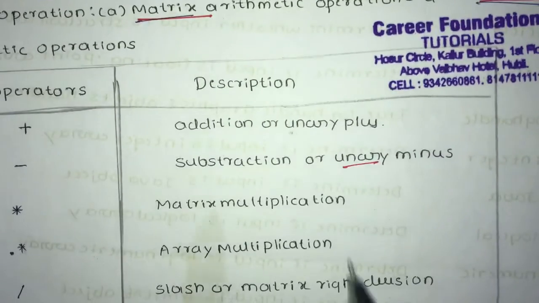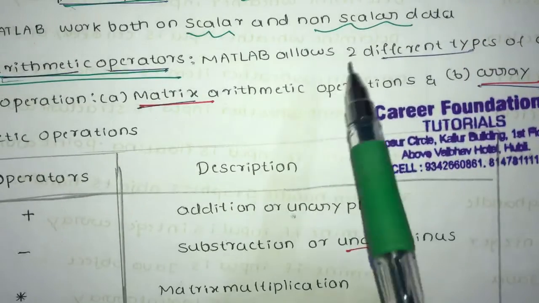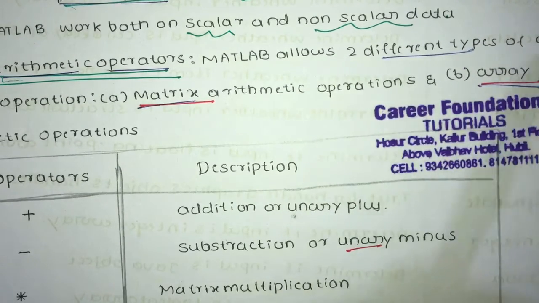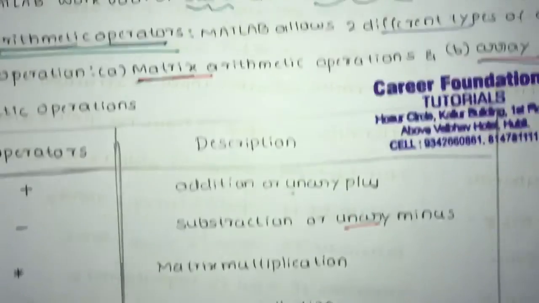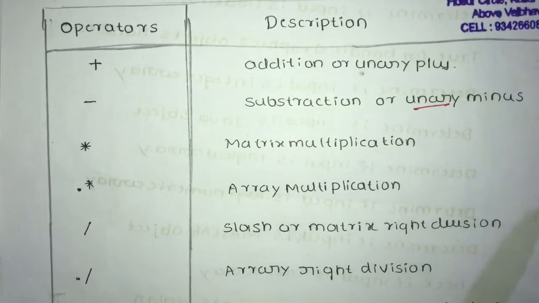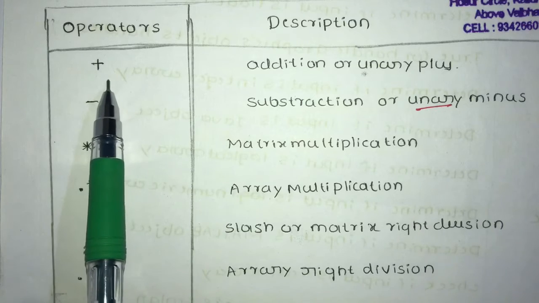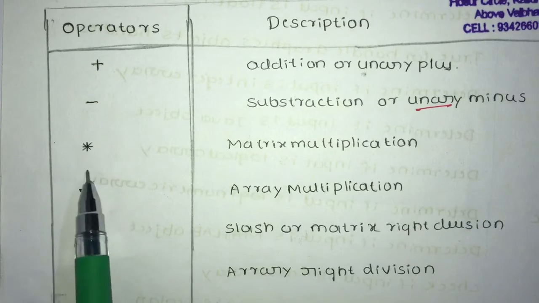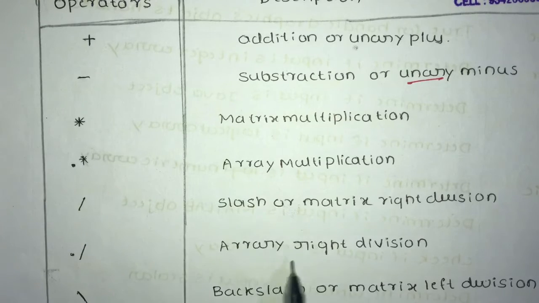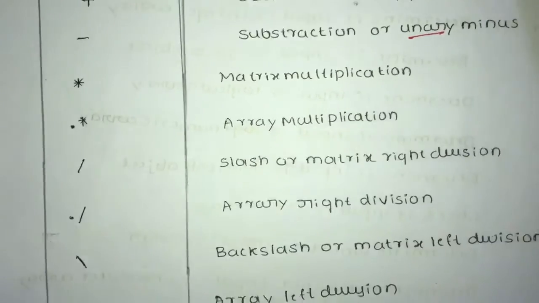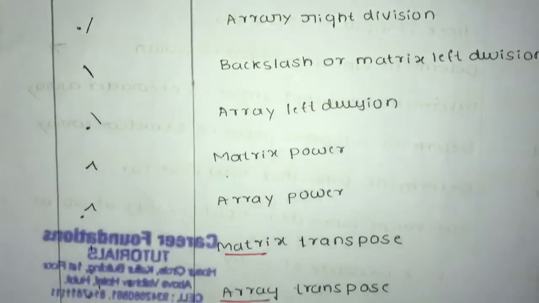We have arithmetic operators. MATLAB allows two different types of arithmetic operators: matrix arithmetic operations and array arithmetic operations. These are a set of operators with descriptions: addition, unary minus, subtraction, matrix multiplication, array multiplication with dot slash. So this is a list of operators and their descriptions.